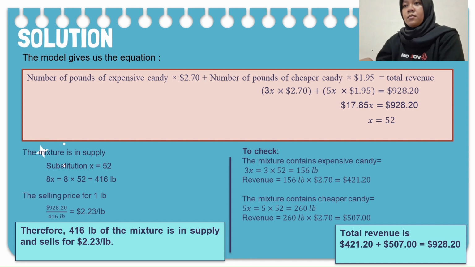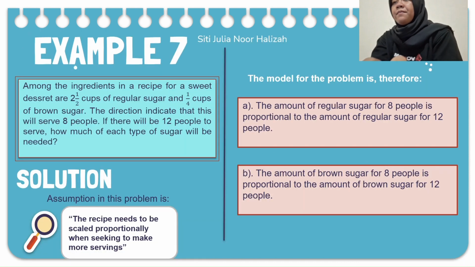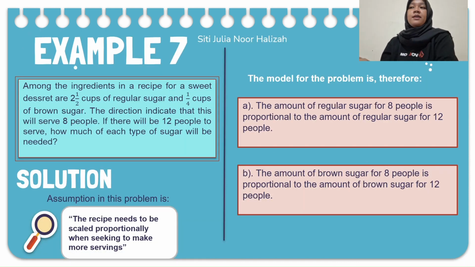Therefore, 416 pounds of the mixture is in supply and sells for $2.23 per pound. Okay, next this is example 7.